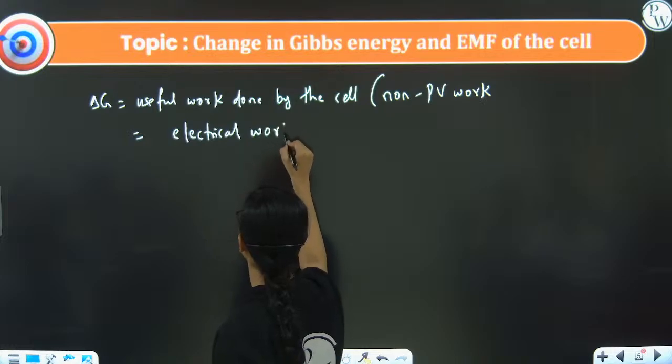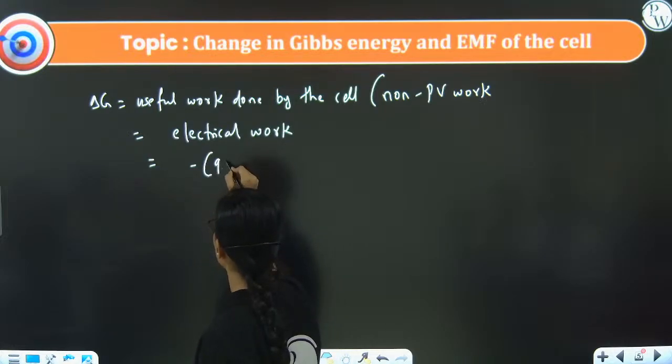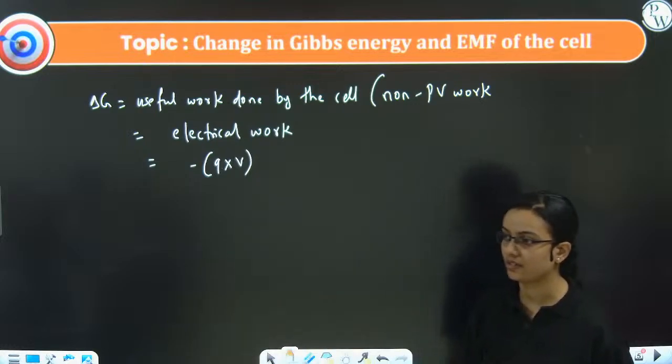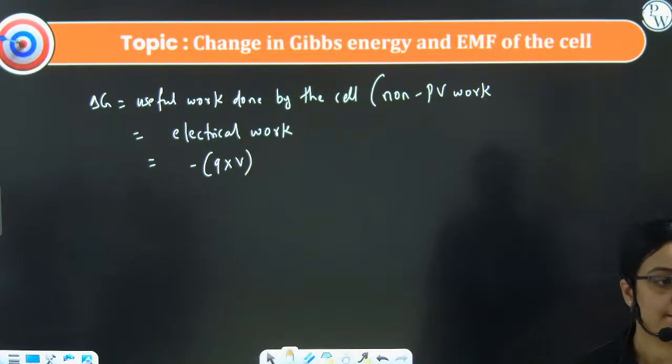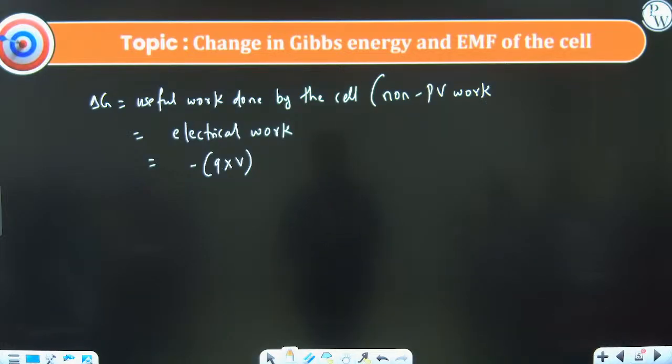So that would be electrical work done, whose value will be minus of charge into potential difference. Okay, note this much first. Done?